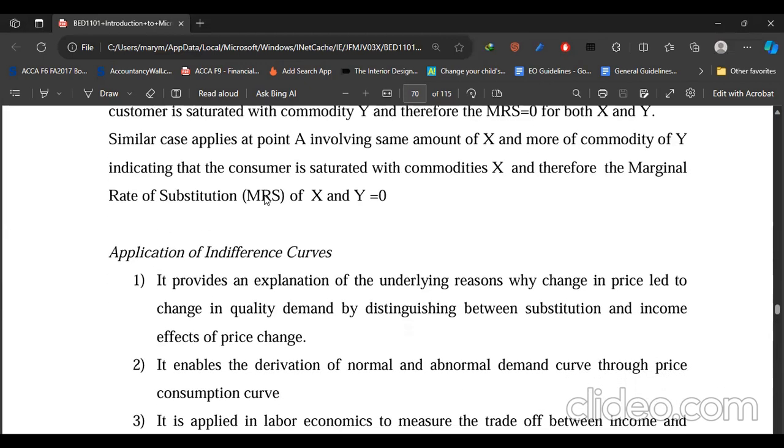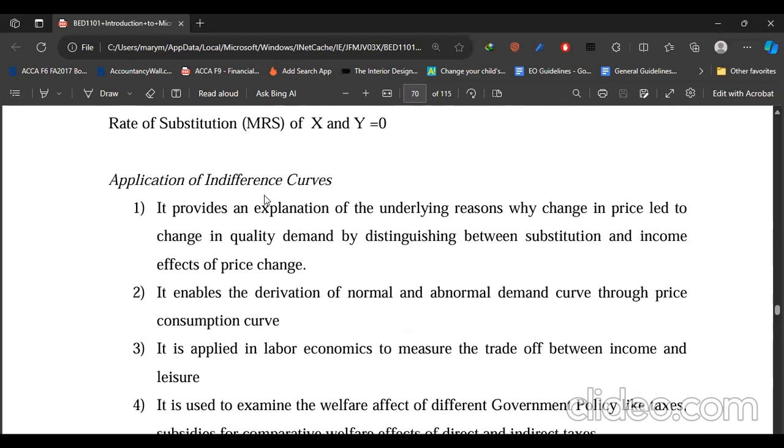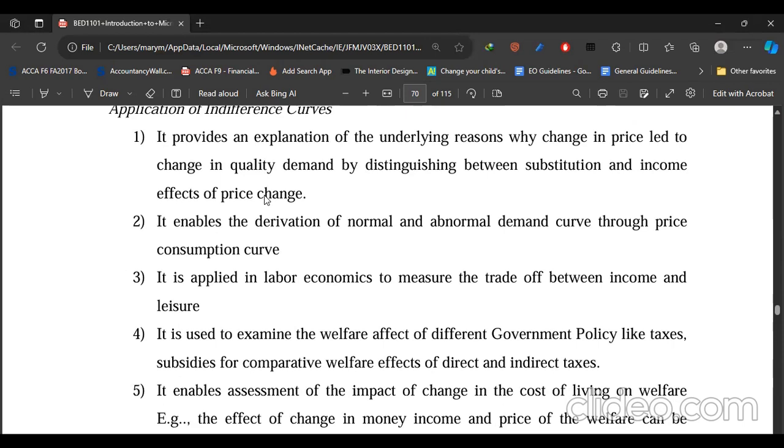So the applications of indifference curves are very important. Number one, it provides an explanation of the underlying reasons why a change in price leads to a change in the quantity demanded, by distinguishing between substitution and income effects of a price change. Number two, it enables the derivation of normal and abnormal demand curves through the price consumption curves. Then it is applied in labor economics to measure the trade-off between income and leisure.